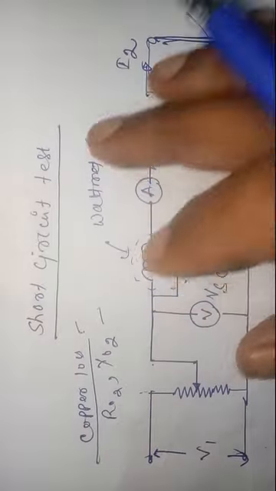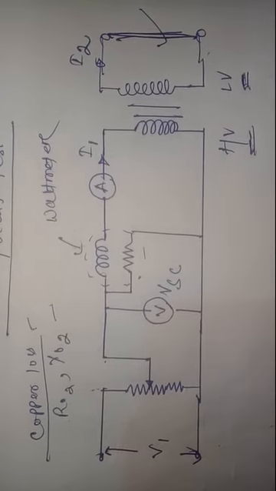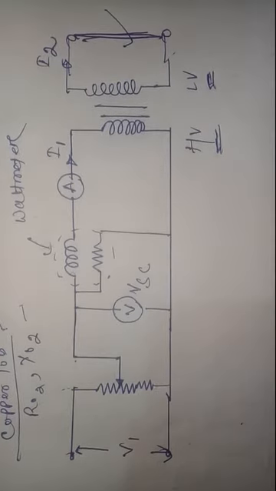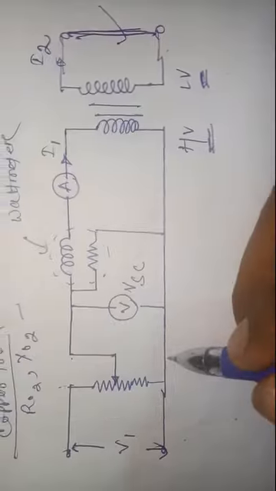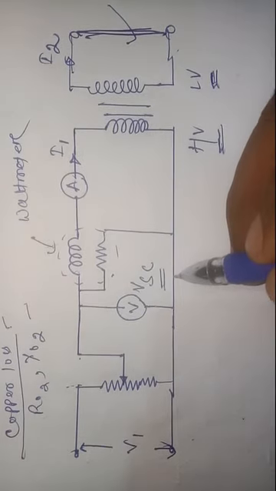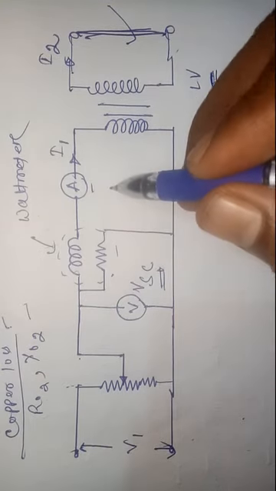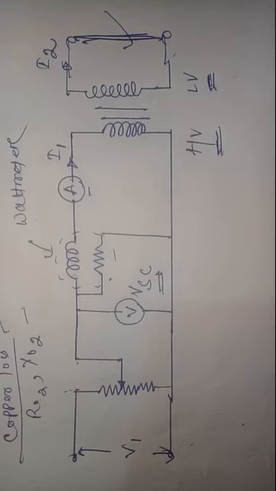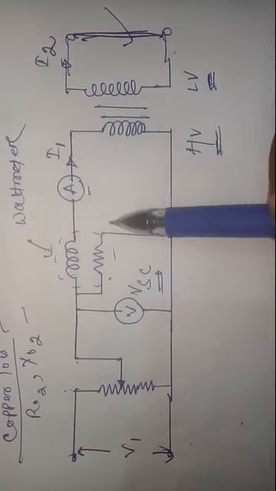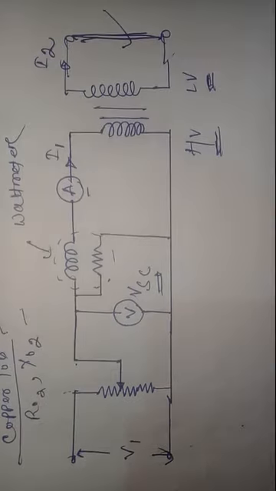The rated current can be calculated in the manner I calculated previously. The low input voltage is gradually raised by means of the variac till the voltage reaches the short circuit voltage. Short circuit voltage means the voltage at which the primary draws the rated current. Under that condition, full load current flows in the primary.